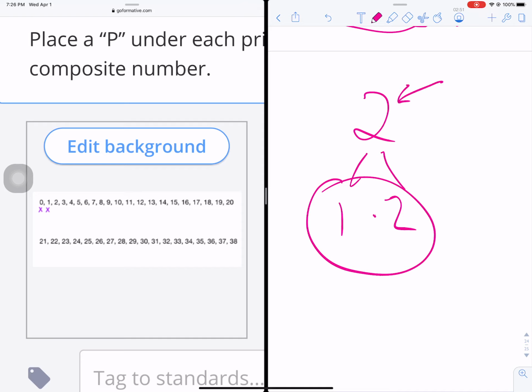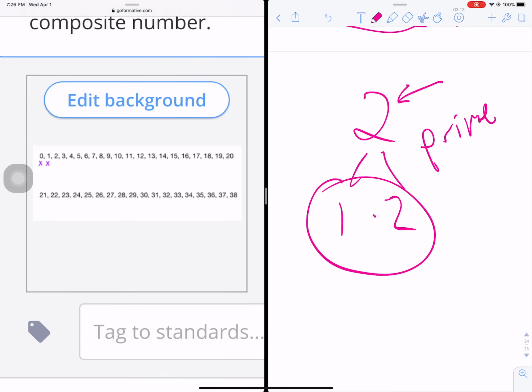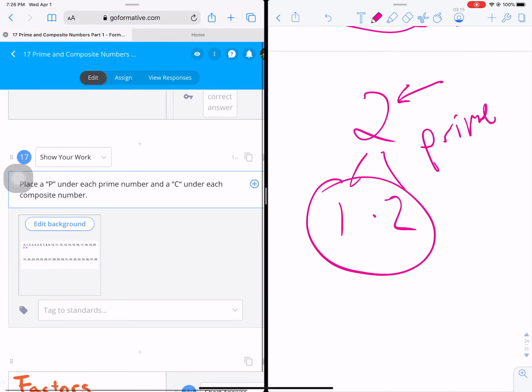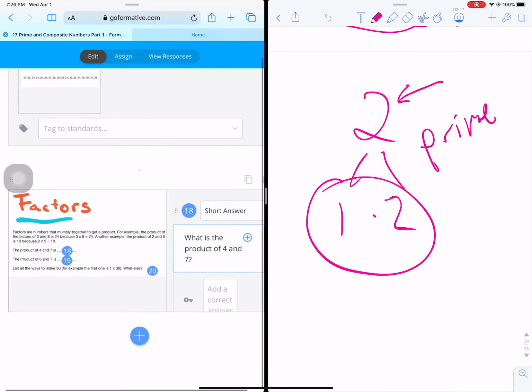That is a rare thing because almost all even numbers are composite, except for 2. So that's something to think about. 2 is a trick. It is prime.